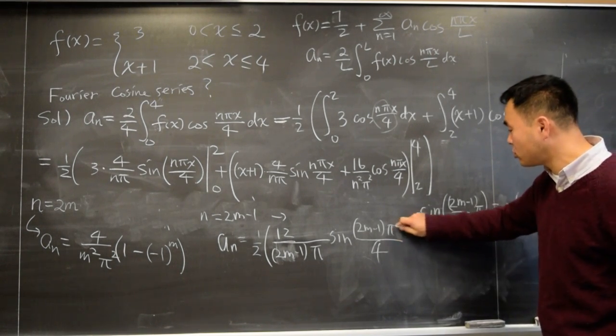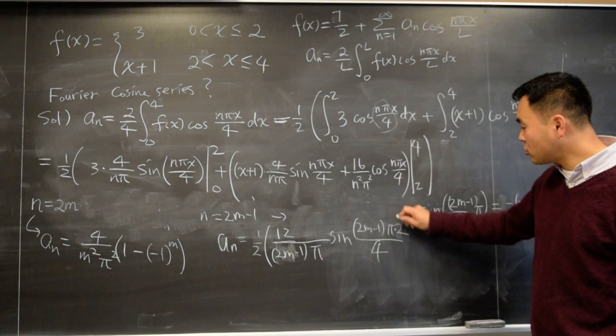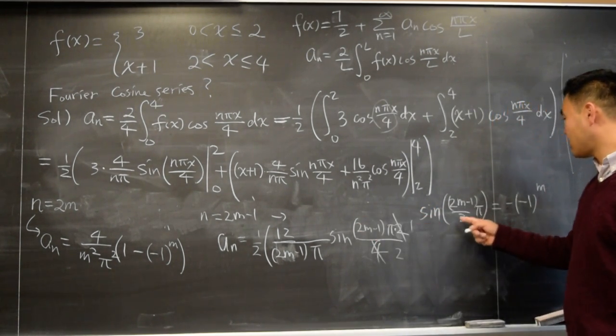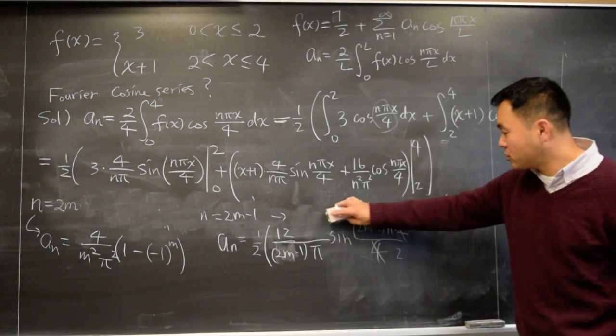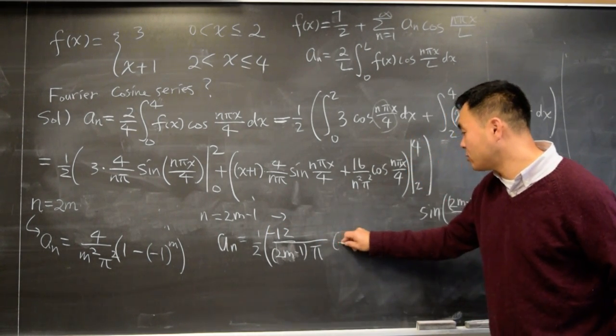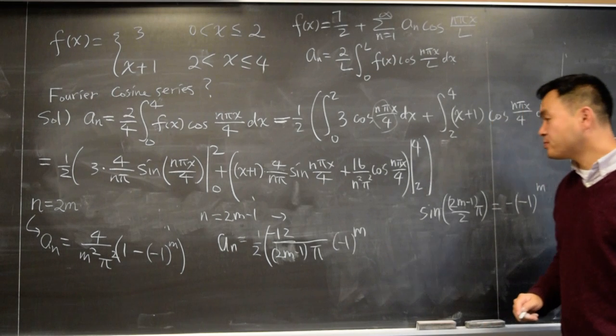If you plug in 0, it's 0, so we don't care. If you plug in 2, these two cancel, giving you 1 and 2, and you see that it's exactly the same as this, right? So that means I can rewrite this one as negative of negative 1 to the nth power. So that's what you get from the first integral.